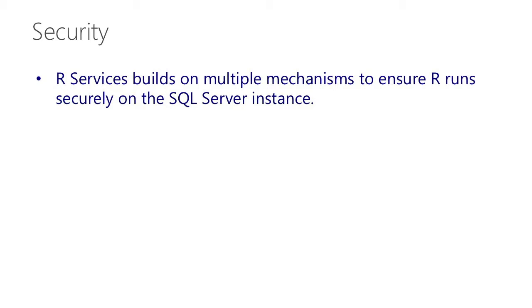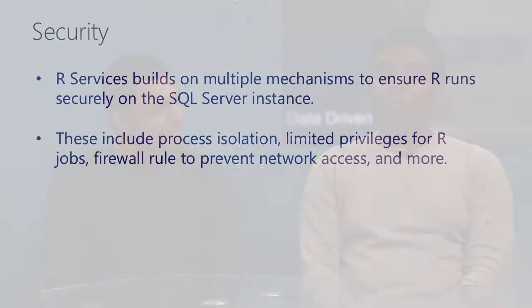One other aspect of enterprise readiness would be security. With such a feature and an external runtime, we have an interest in securing SQL Server, making sure R doesn't do things it's not supposed to do. What did we do to enable that? Since we are running in SQL Server, we took quite a bit of extra precaution to make sure that R Services run securely. Some of the work we did was process isolation.